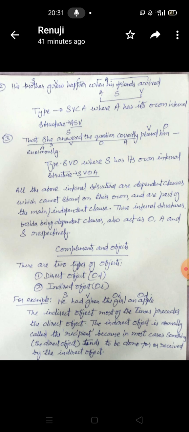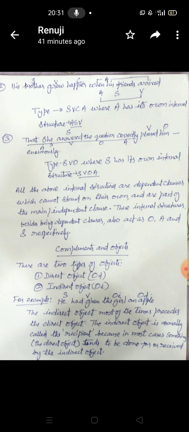Now "that she answered the question correctly" is again a clause which has its own internal structure, SVOA. So this clause comes in place of the subject. Subject has its own internal structure, SVOA: subject, verb, object, adverbial. She is the subject, answered is the verb, the question is the object, correctly is the adverbial.